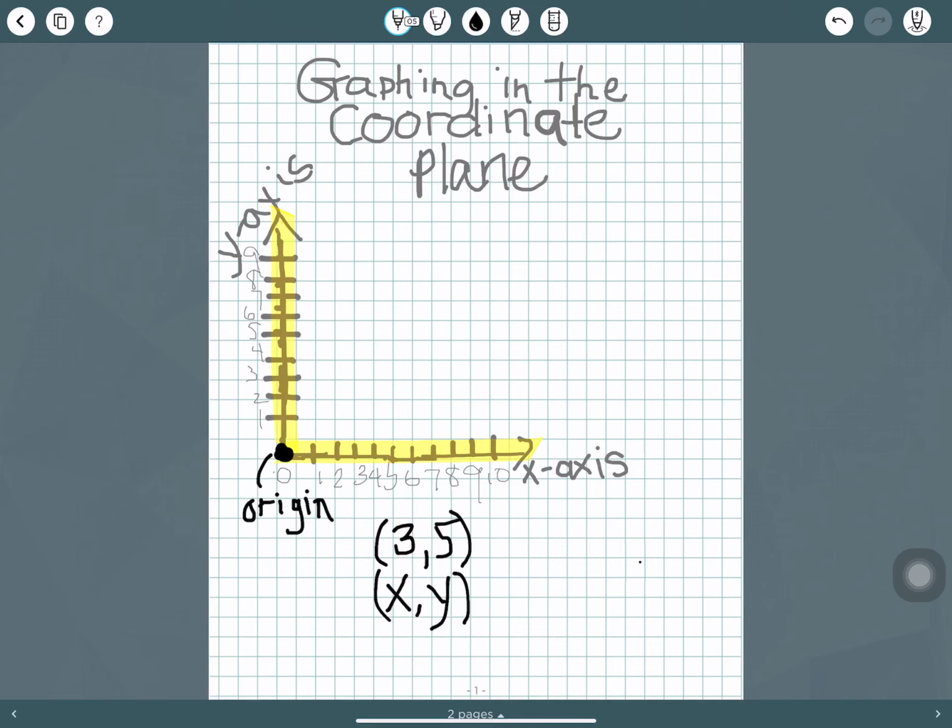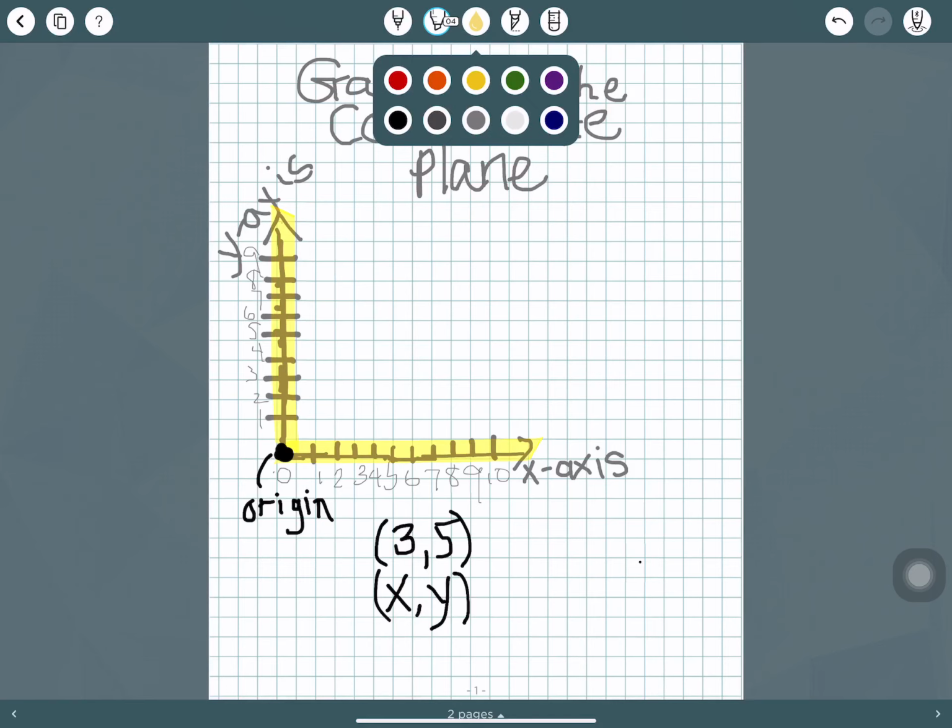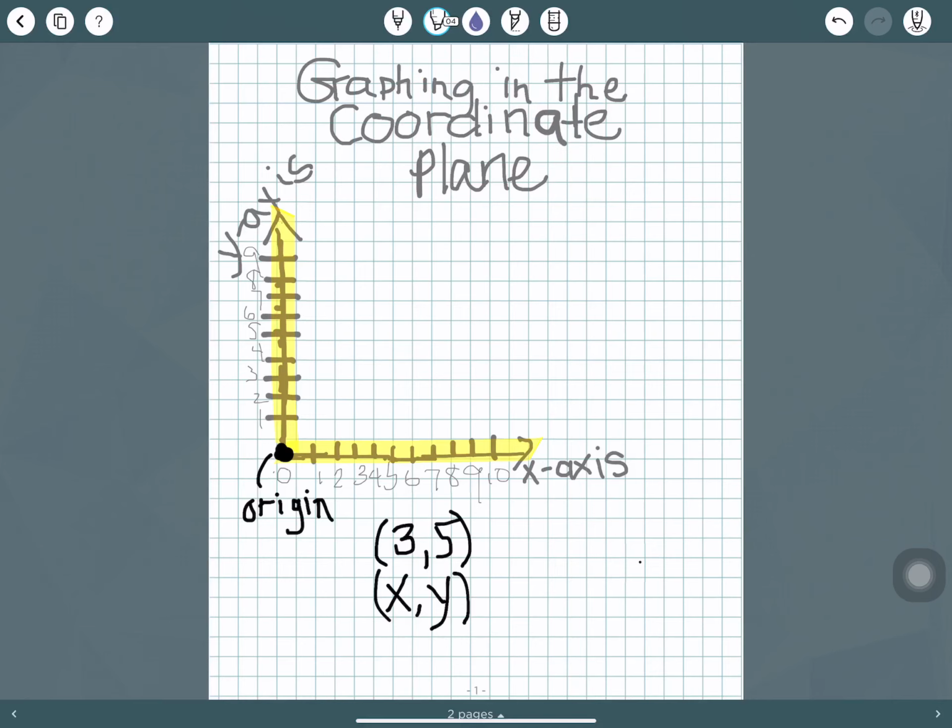So for the point 3, 5, we're going to want to go along the x-axis 3 units. So we're going to go 1, 2, over to 3. And then we're going to go in the y direction, so vertically, we're going to go up 5.